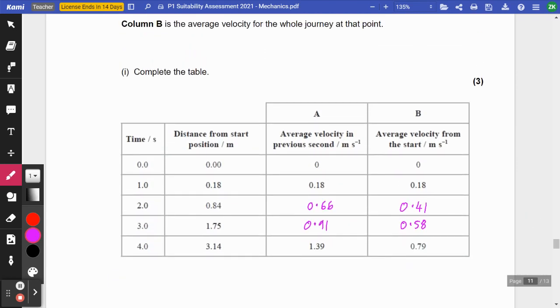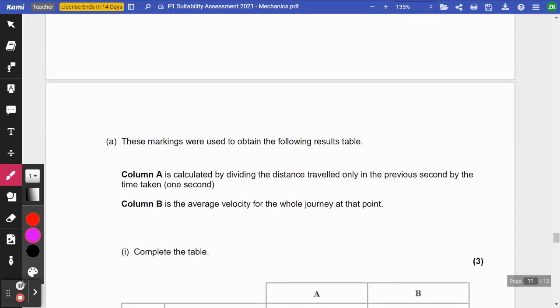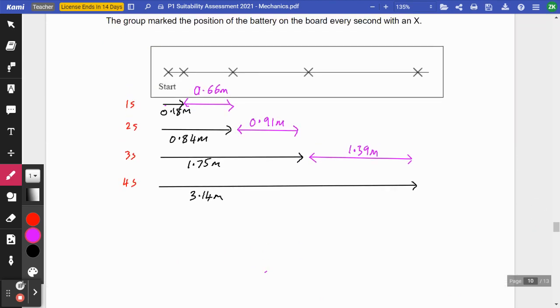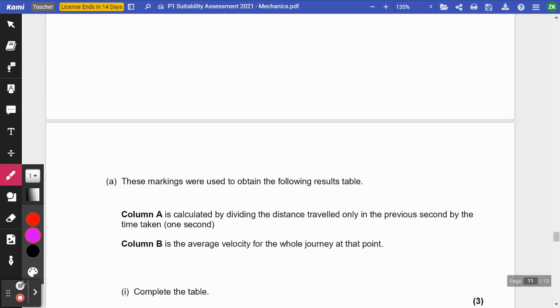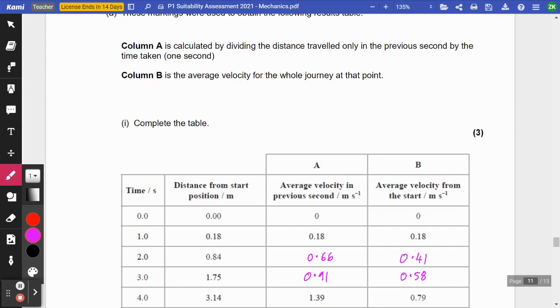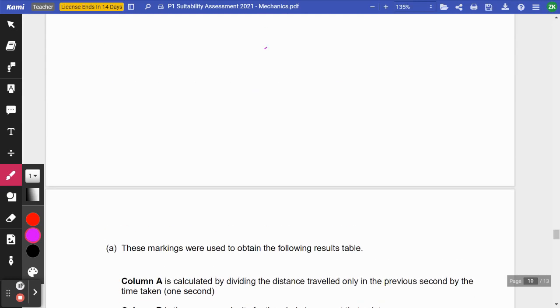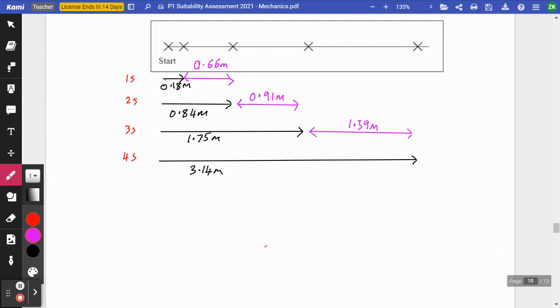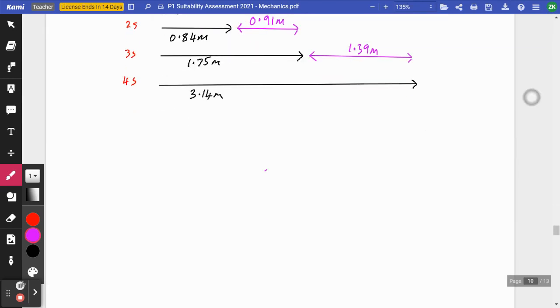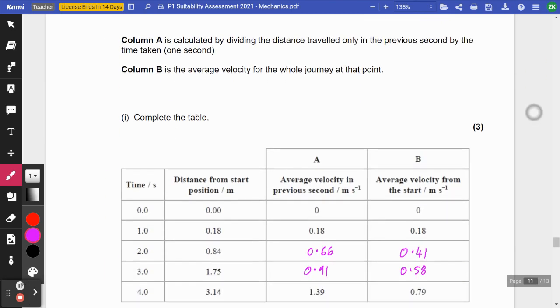Then I look at the last column first: average velocity from the start. Average velocity is the displacement from the start to that point over the time taken. After 1 second, the distance traveled is 0.18 divided by 1 second, so our velocity would have been 0.18.